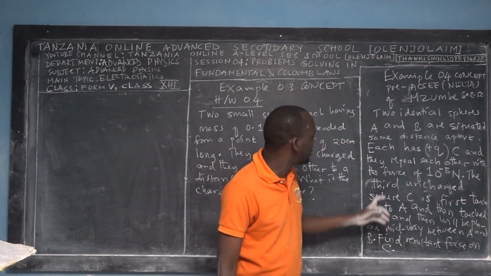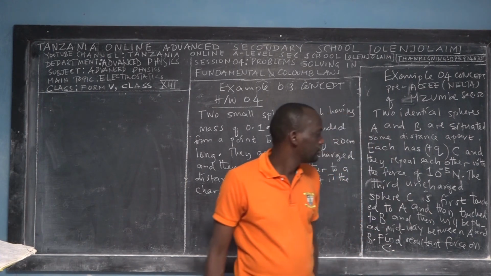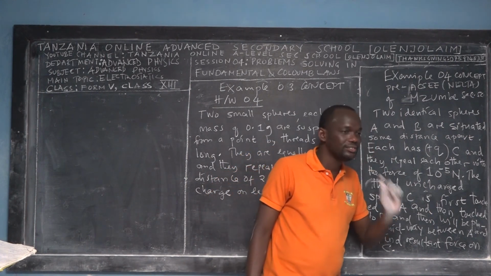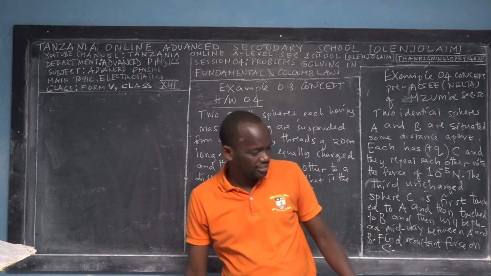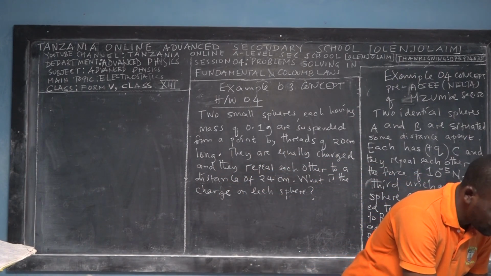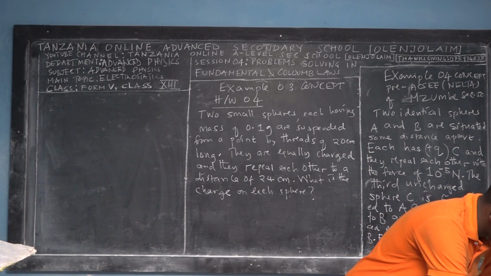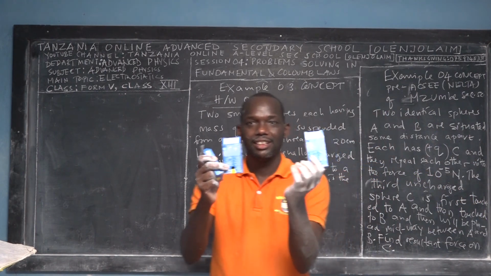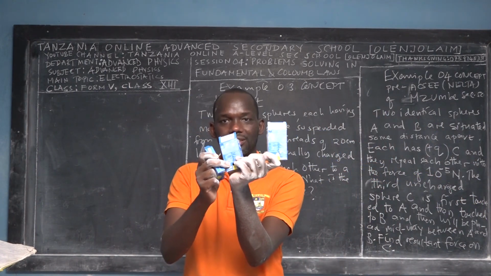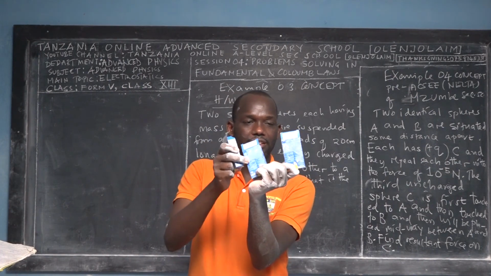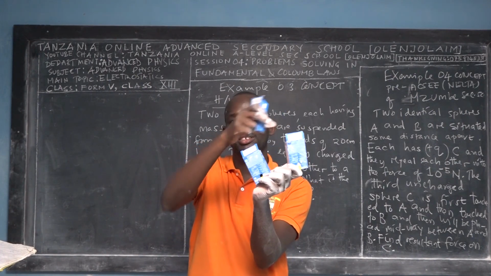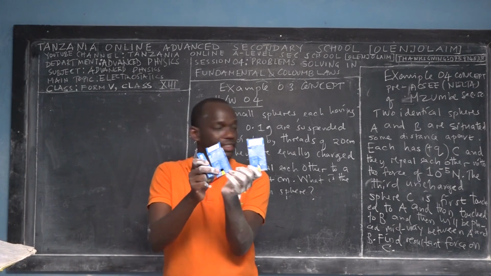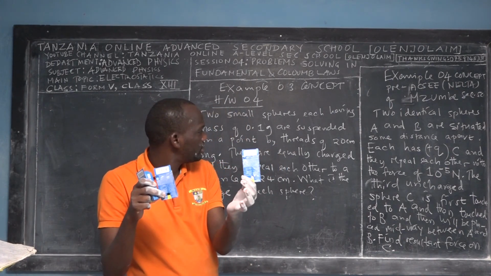Okay? The third uncharged sphere C is first attached to A. So I have 3 charges. For instance, I have charge A here, and this is charge B. So this is sphere A, sphere B. The distance between the centers is not known.